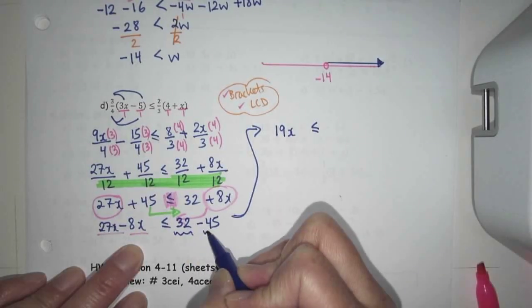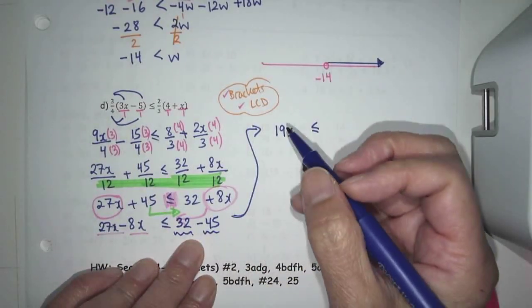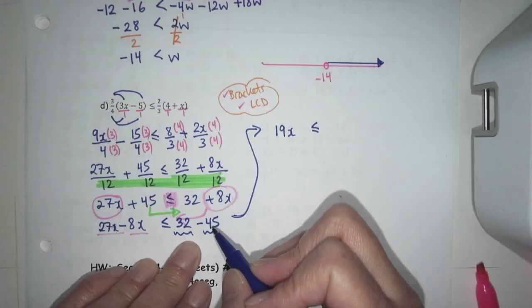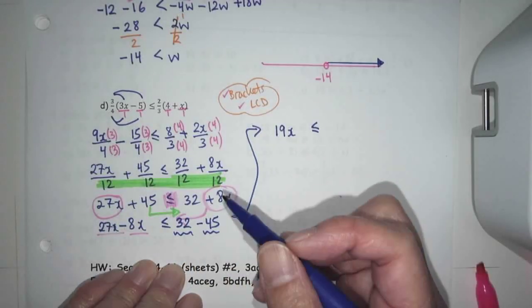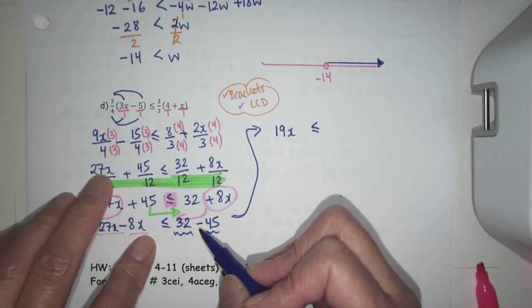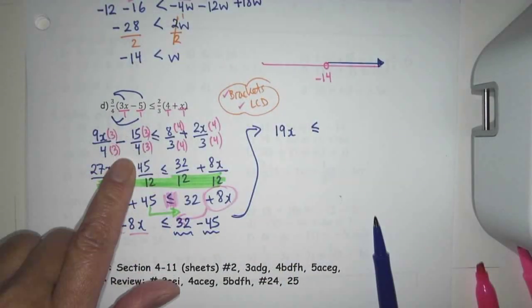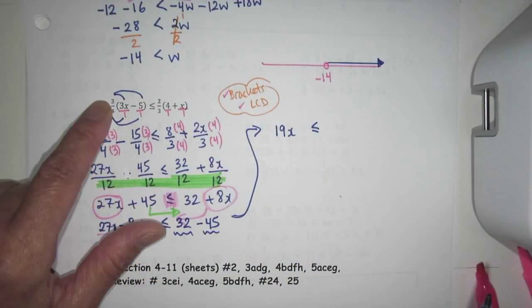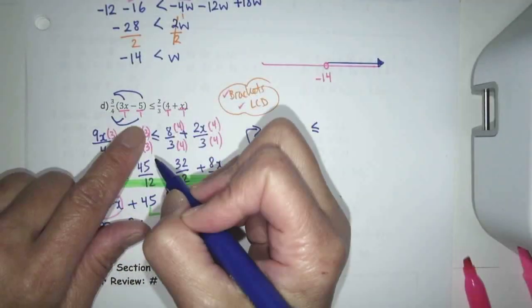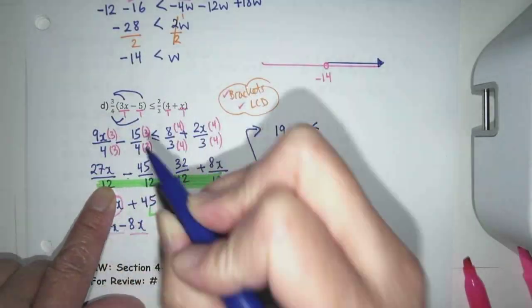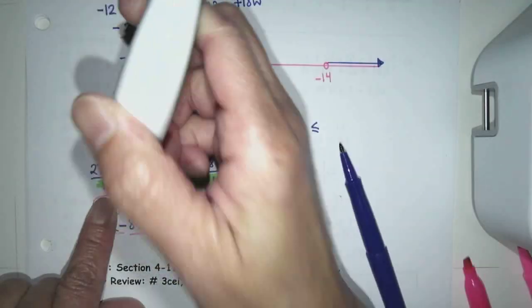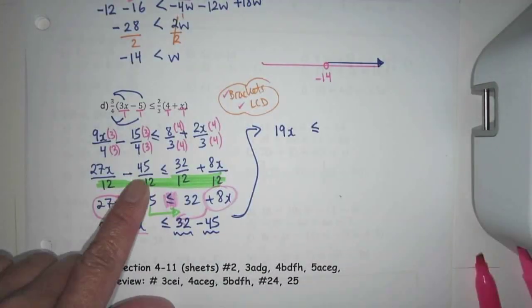And then this one and this one are like terms, 32 minus 45. Oh, I lost a sign here. I'm so sorry. So hopefully you caught that. This was still minus. Positive 3 times negative 5 is negative 15. And then, yes, I noticed that as well. Sorry. So if you saw that earlier, we're fixing that now.